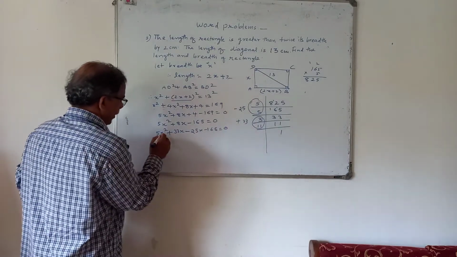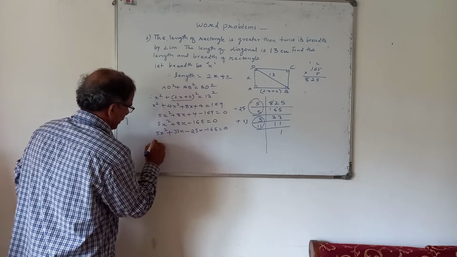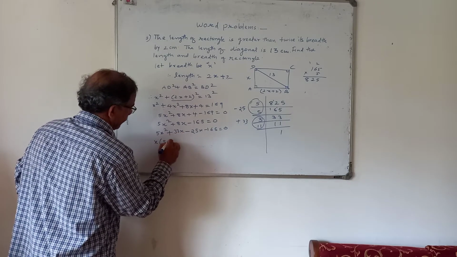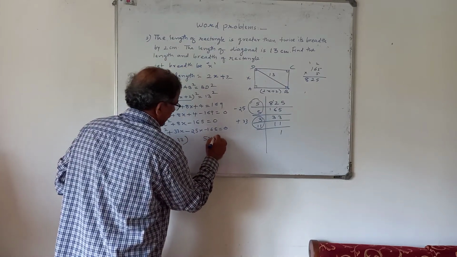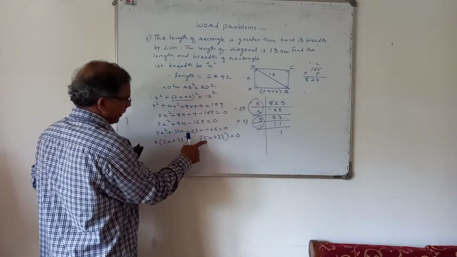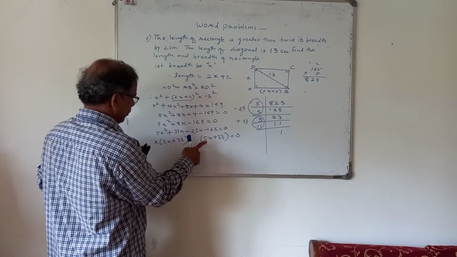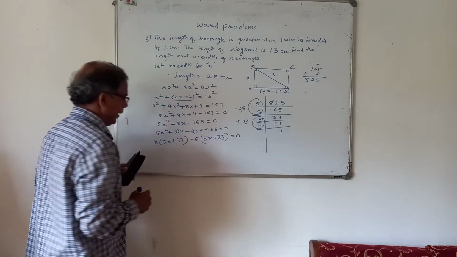So now 5x square plus 33x, what is common? Only x is common, so what remains? 5x plus 33. Straight away you write here 5x plus 33. Now from this 25, 5 is common, so 5 5s are 25, you write here 5, this is minus.